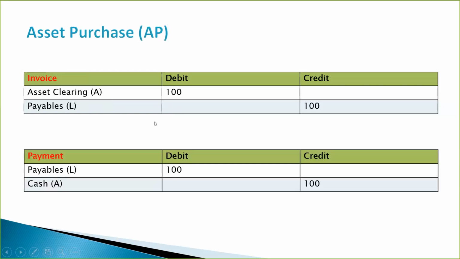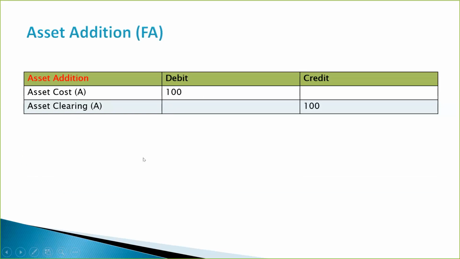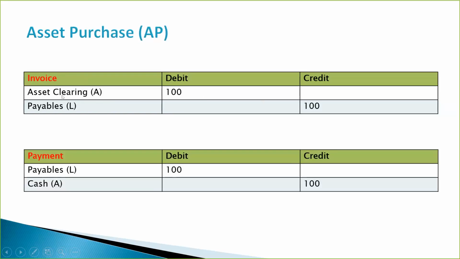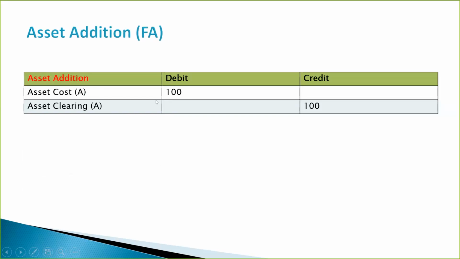So remember we had asset clearing here. Here we cancelled out payables. Okay, we were left with asset clearing and cash. Here we have added asset cost, and then we have credited asset clearing. So we have cancelled out the asset clearing also from here, because this was a debit and this is a credit, so those have cancelled out in terms of the balance, right?